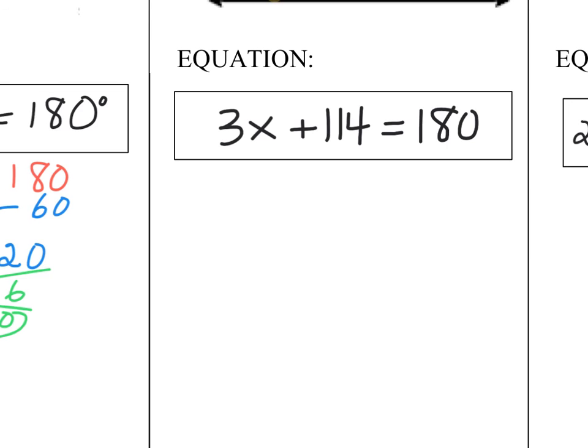Okay, so let's finish these problems here. 3x minus 114 equals 180.